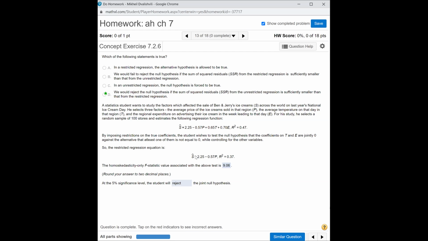The restricted estimated model is the second one, and the respective R squared is 0.37. Now, we will have to calculate this.